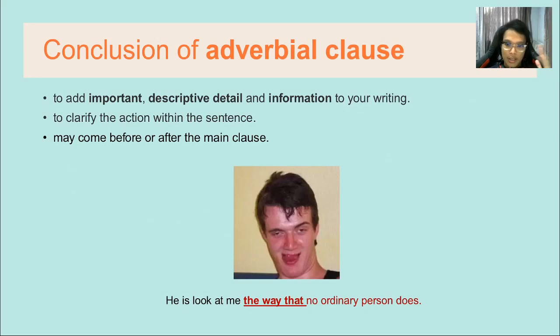You might say, the way that no ordinary person does, he is looking at me. Here again, I forgot to put -ing here. So if we use an adverbial clause, it can explain a lot more about the details or the information of the verb.